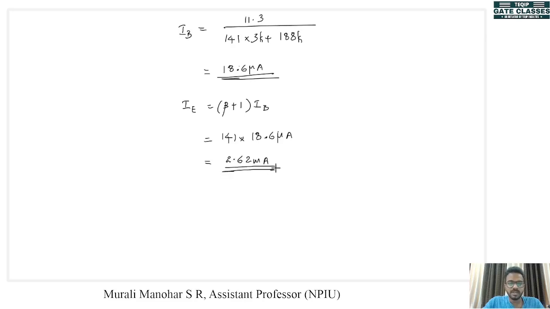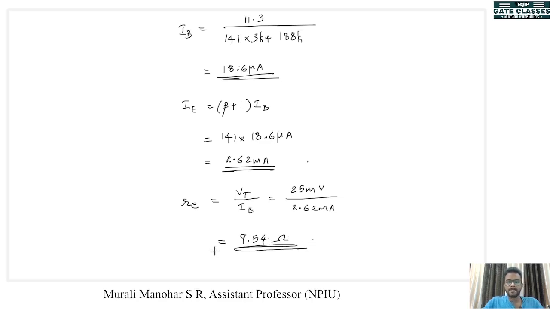So this is the value of IE. If we have IE, we can find out RE, and RE is VT divided by IE, and VT is 25 millivolt, IE is 2.62 milliampere. Now this will give us 9.54 ohms. So RE is 9.54 ohms.